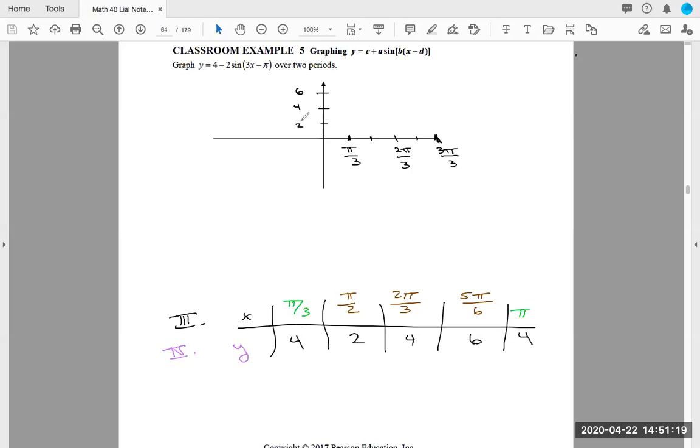Since 2 will be our min value for y, 6 will be our max, and 4 will be our middle. So pi over 3, 4; pi over 2, 2; 2 pi over 3, 4; 5 pi over 6, 6; and pi, 4.